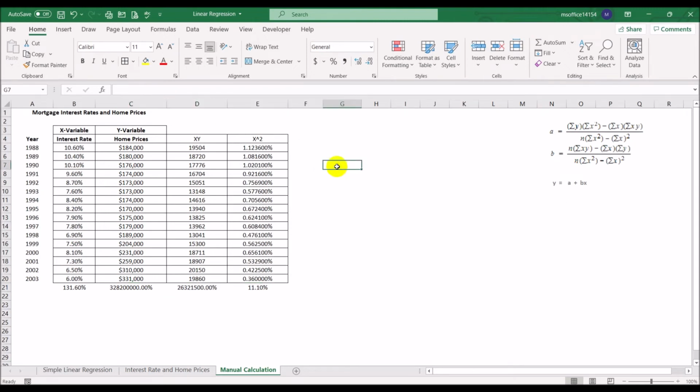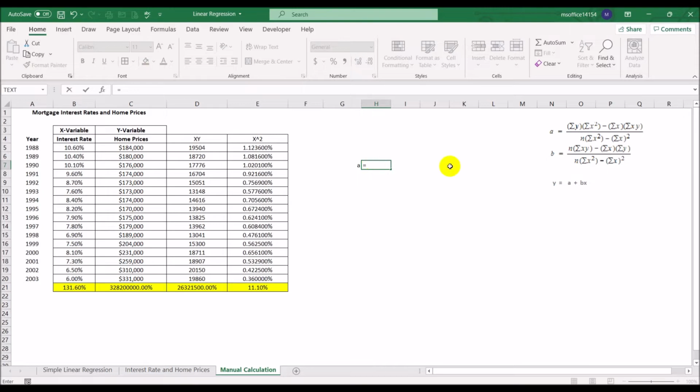All right, now let's use these values and plug them in. For A, let's see what A is equal to.